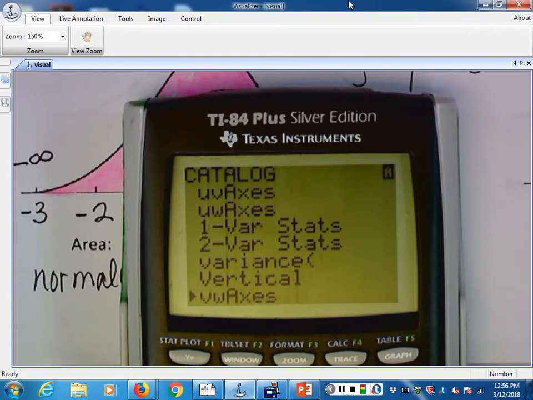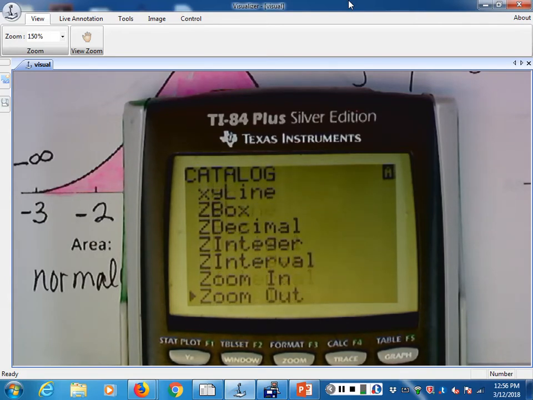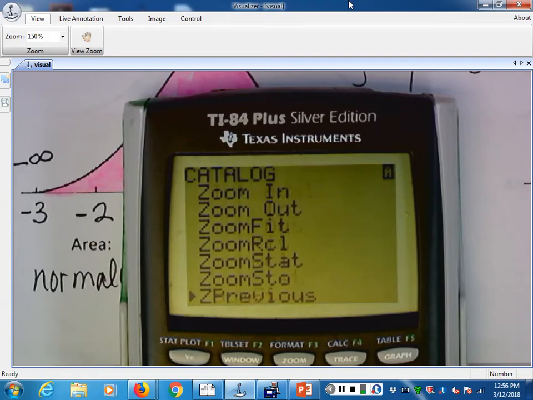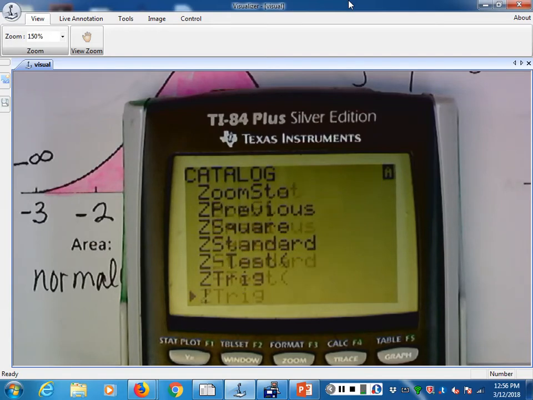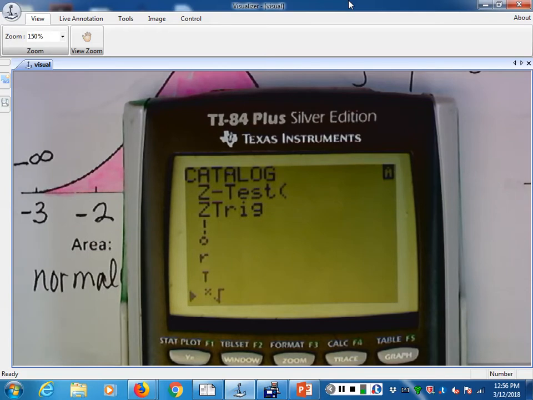Surprising how much your calculator does know how to do, isn't it? Okay, now we're finally getting to symbols. And you know right here, this is what infinity looks like, okay?